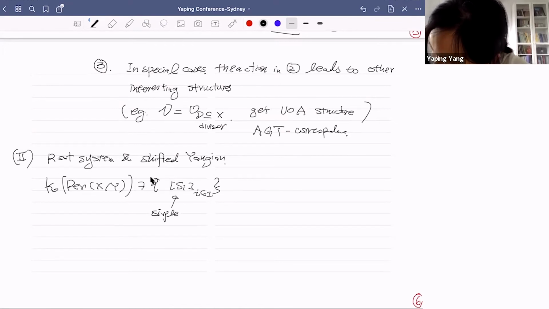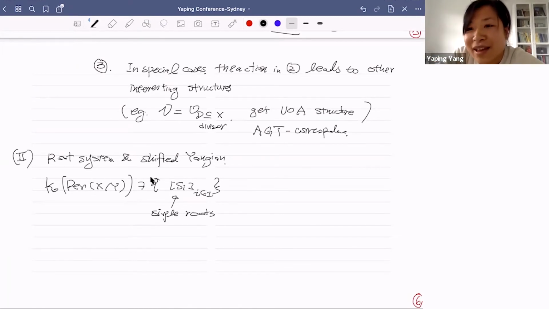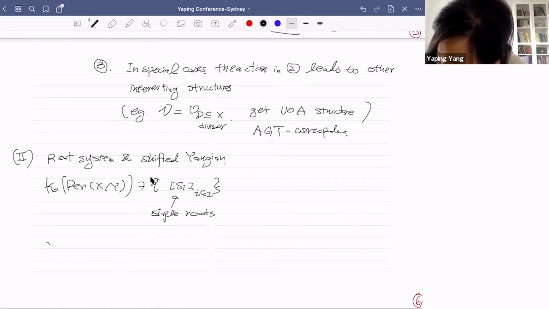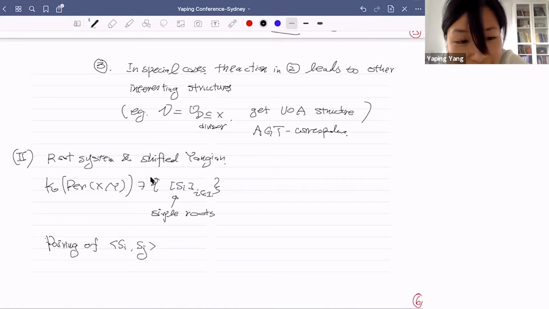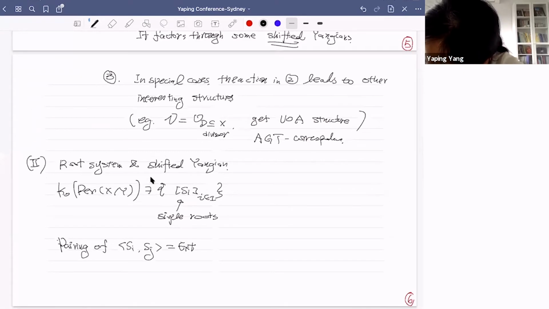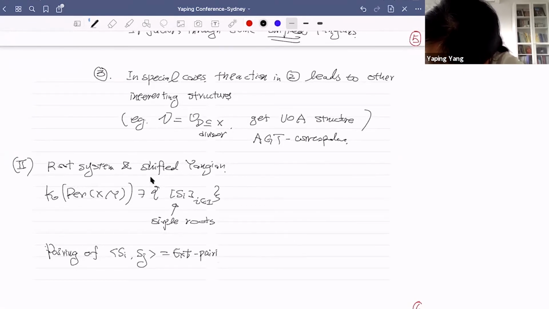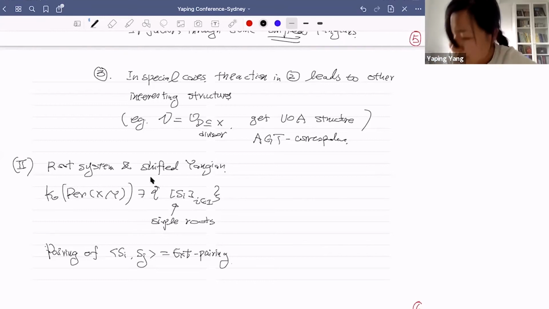I can consider those as the simple roots. For the Cartan matrix, I compute the Ext pairing among those simples. This gives me the root system.